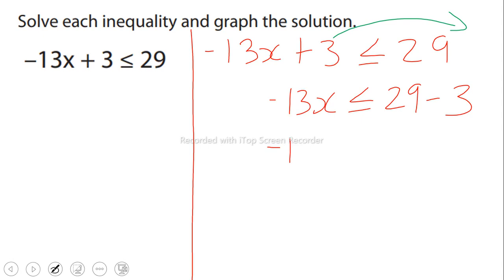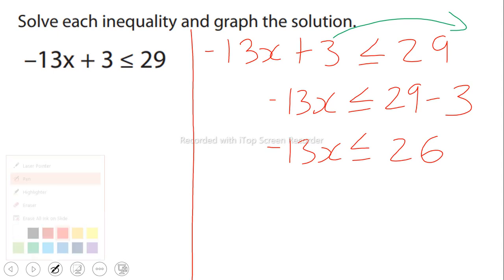So it's going to be negative 13x still, less than or equal to, what is 29 minus 3? 26. Very good. Now at this point we have to be very careful. What is our next step? To divide both sides by negative 13. Very good.